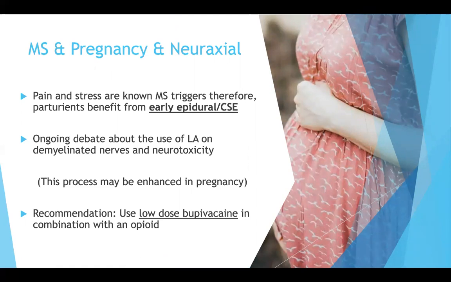And it has been suggested that this process can actually be enhanced by pregnancy. Therefore, the current recommendation is to use low-dose bupivacaine in combination with an opioid to provide optimal epidural or neuraxial analgesia.